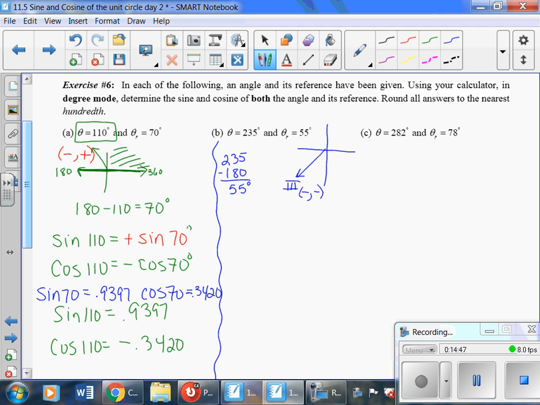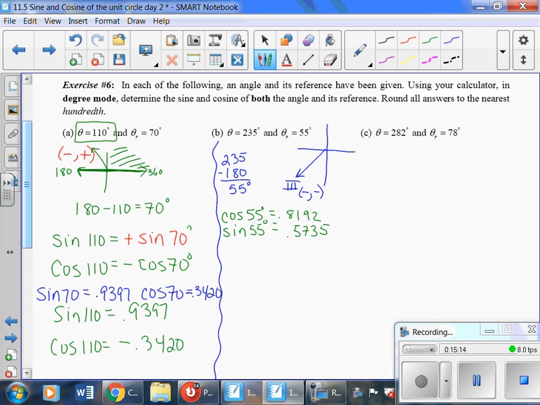Let's do the cosine first because that comes first in our x. So the cosine of 55 degrees turns out to be 0.8192, and the sine of 55 degrees is 0.5735.